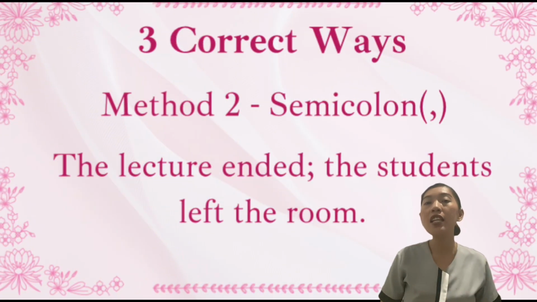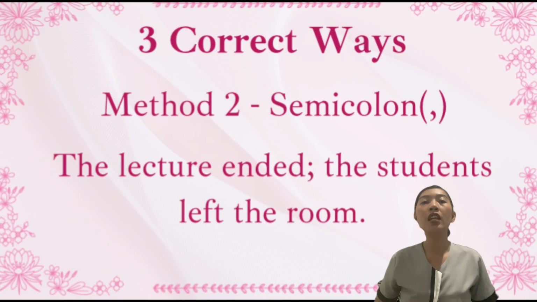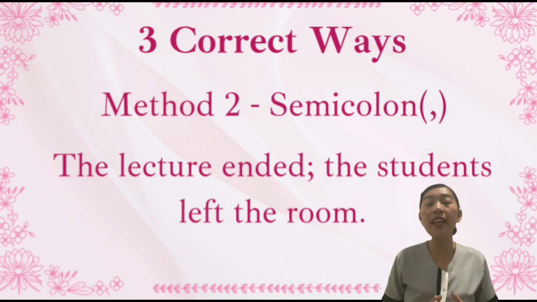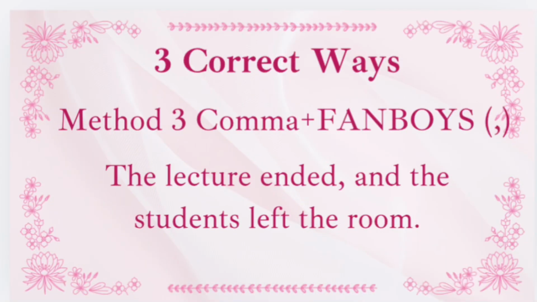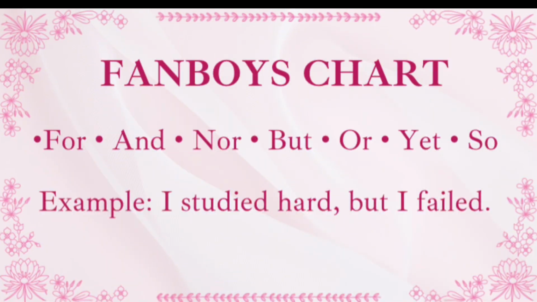Second method, semicolon: the lecture ended, semicolon, the students left the room. Third method is a comma plus FANBOYS: the lecture ended, comma plus FANBOYS, and the students left the room. So this is the FANBOYS chart.